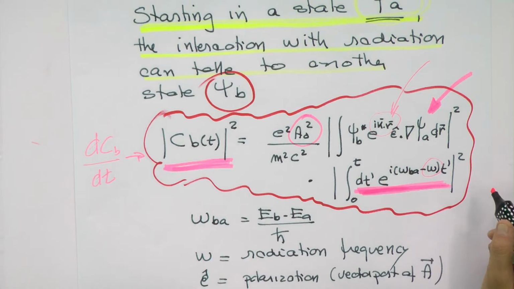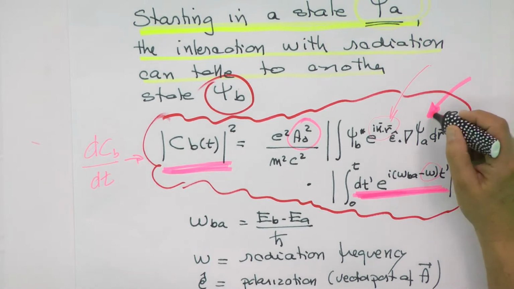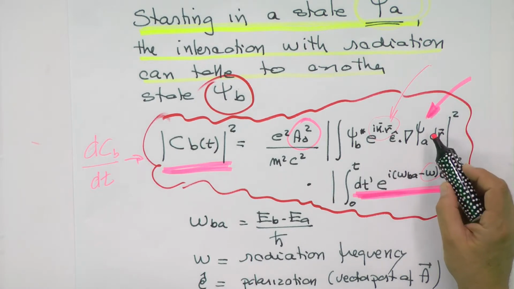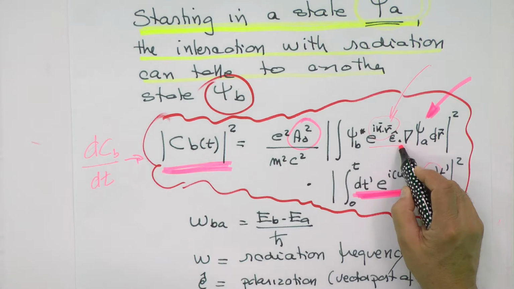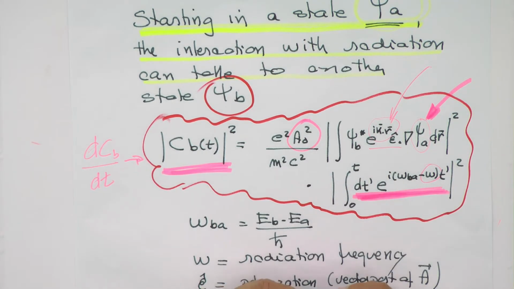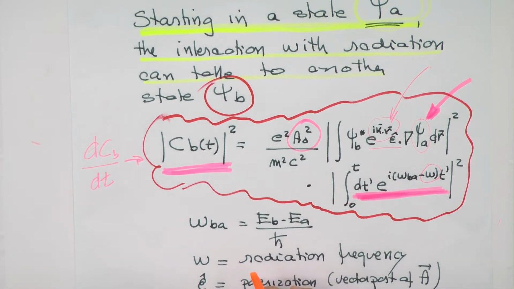And what we have here, as I told you, is this term here, which is one integral that is not zero only if the radiation is able to modify the state A to project a little bit on the state B. That's one thing. And the other thing that we have to pay attention to is this term here, which is the time integration.